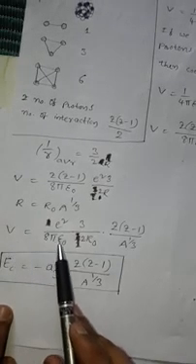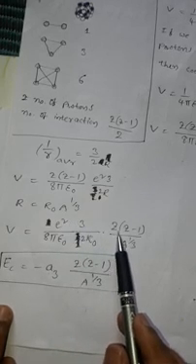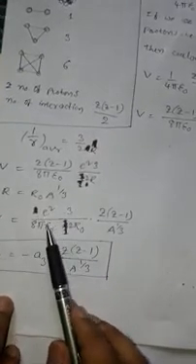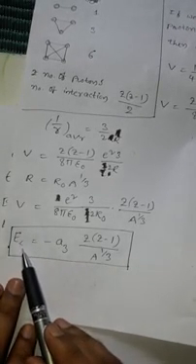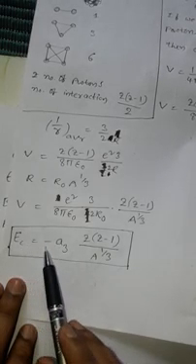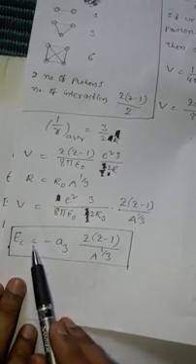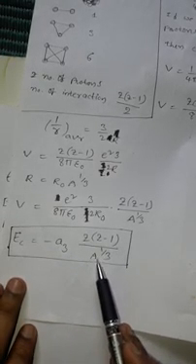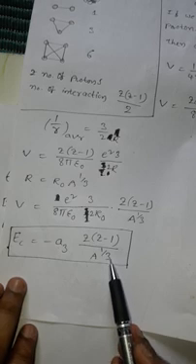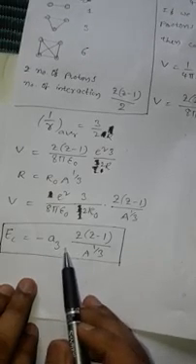So we can write V equal to E square by 8 pi epsilon naught, 3 by 2 R naught, into Z into Z minus 1 by A power 1 by 3. Here this term is a constant. So we can write Coulomb energy in another form, that is EC, where C represents Coulomb energy, equal to minus A3 into Z into Z minus 1 by A power 1 by 3. Here A3 is a constant.